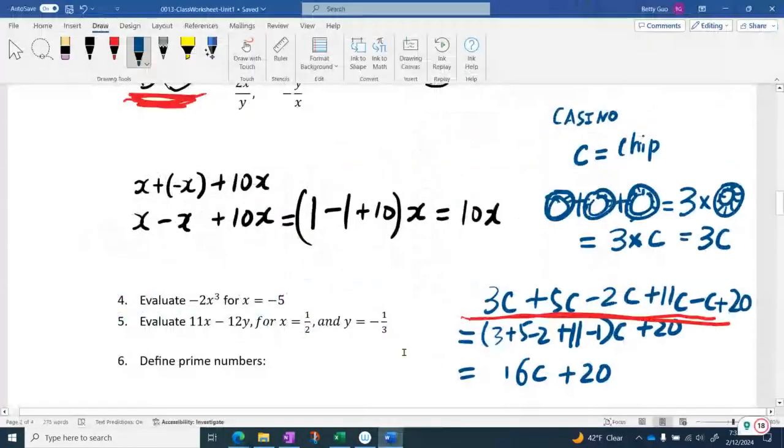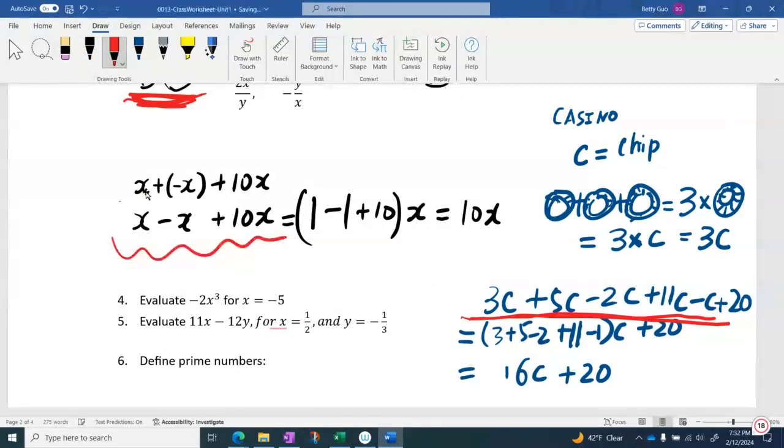So the purpose of this casino example is to show you combining like terms is pretty consistent with common sense. Like earlier, this question, we combine x minus x plus 10x.